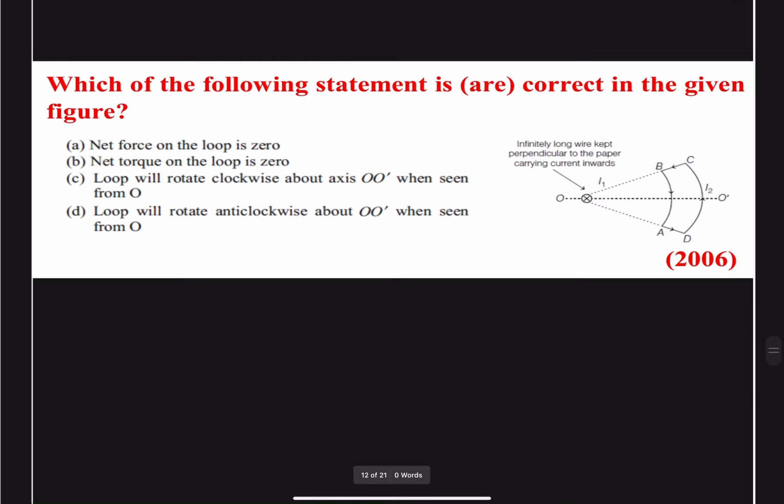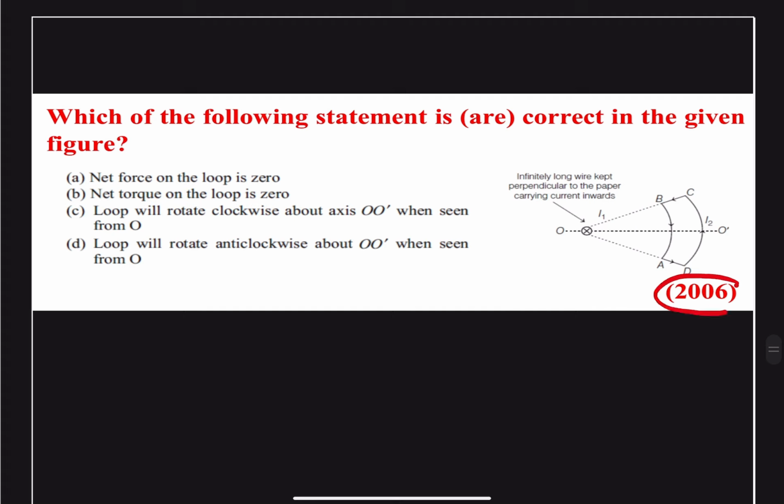Now we come to the final question, which was asked in the year 2006. It says: which of the following statements is or are true for the given figure. This is the given figure, and we have a long current carrying wire, perpendicular and carrying current in the inward direction, and this is a loop carrying a current I2, and this conductor carries a current of I1.